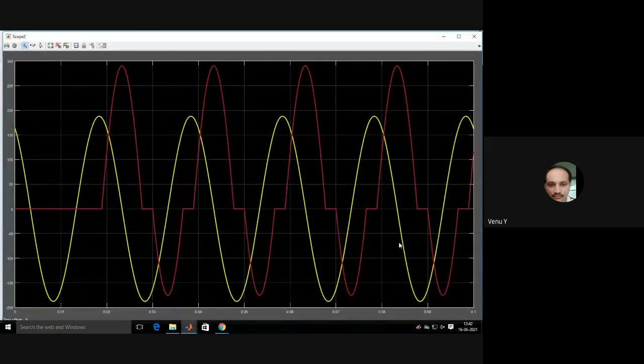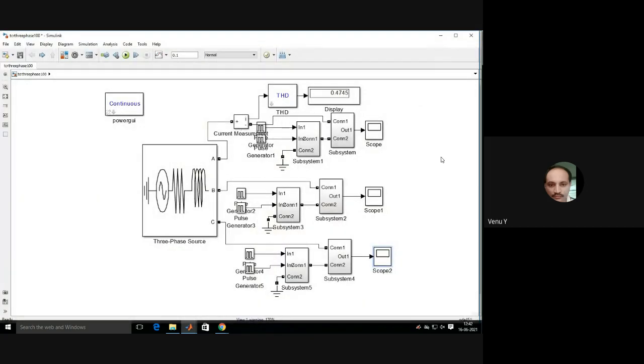Okay, anyhow, you can note down this one, phase C. So this is about three-phase TCR.